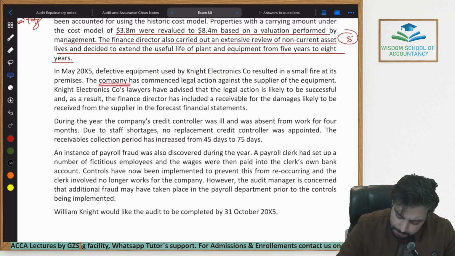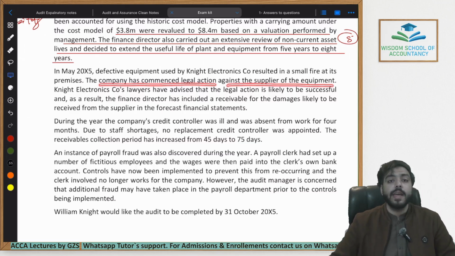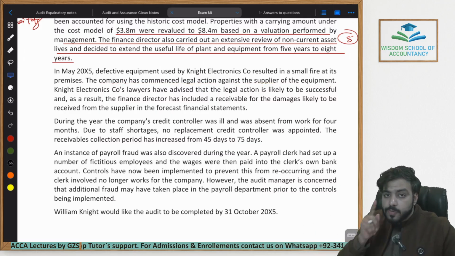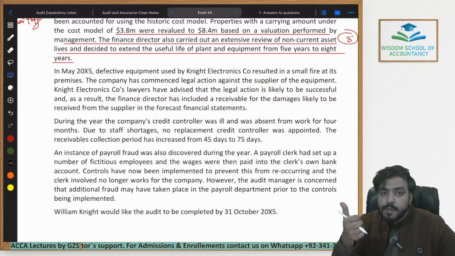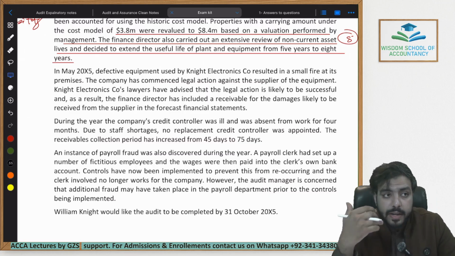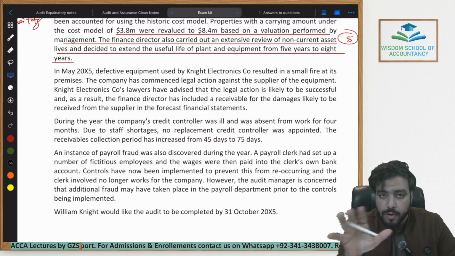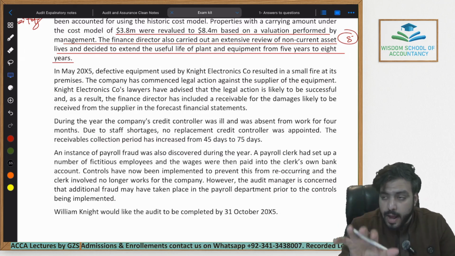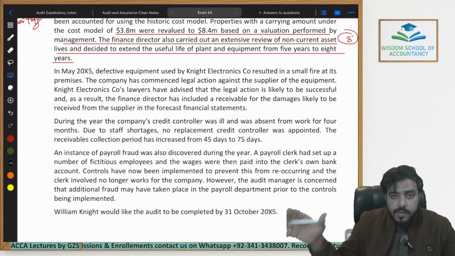Defective equipment was being used. Now, the company has commenced legal action against the supplier of the equipment. So this equipment that we were using in our business was sold to us by a supplier. That supplier sold us defective equipment which was either broken or damaged, which is why it caught on fire, and it caused us a lot of losses within the company.